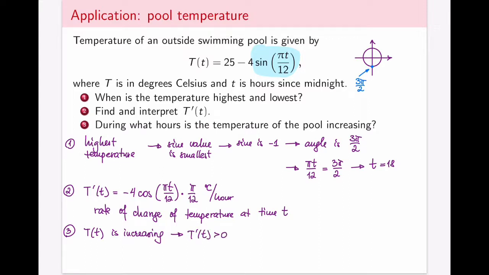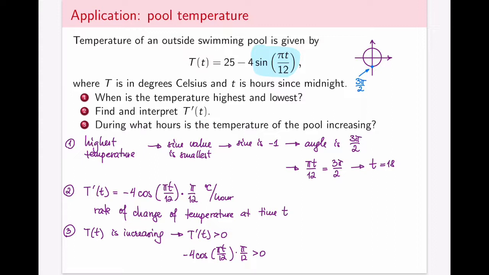So now I have to actually use the expression for the derivative that I have just derived. So what I have is minus 4 cosine of pi t over 12 times pi over 12 has to be positive. When does that happen? Well, I should probably clean up what I have in there, right?